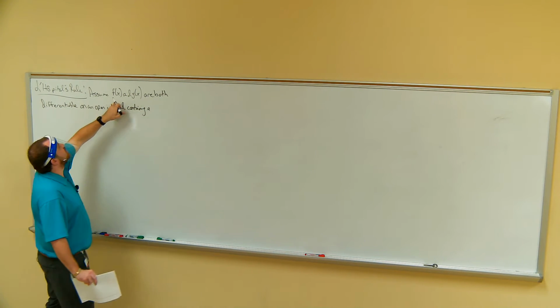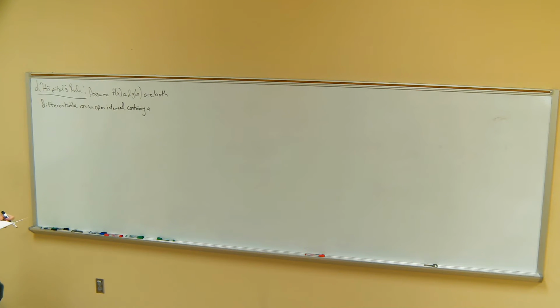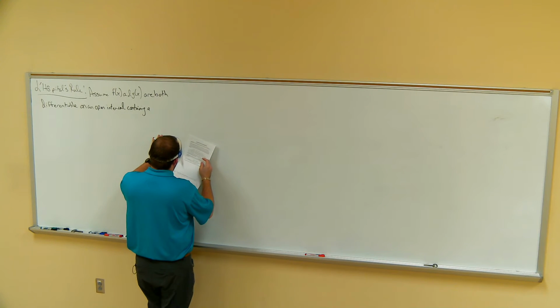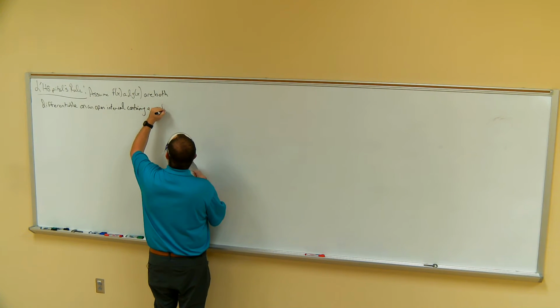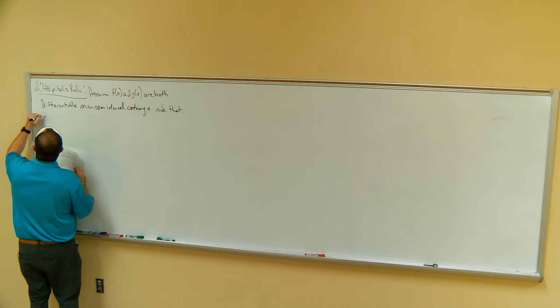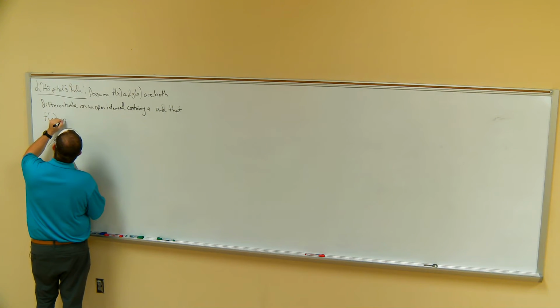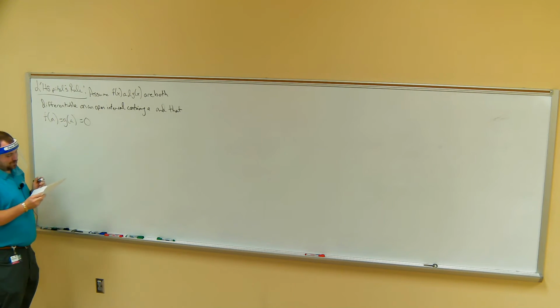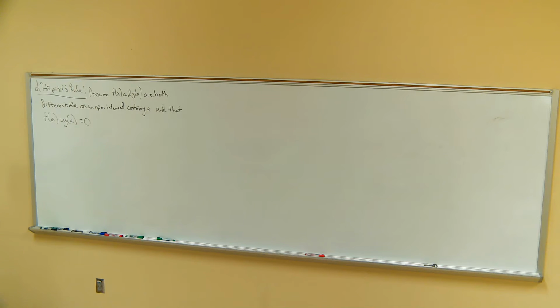So I'm not saying these functions have to be differentiable everywhere, but they have to be differentiable close to, around some open interval containing a point a, and f of a has to equal g of a, has to equal 0. So in other words, we have that indeterminate form 0 over 0.